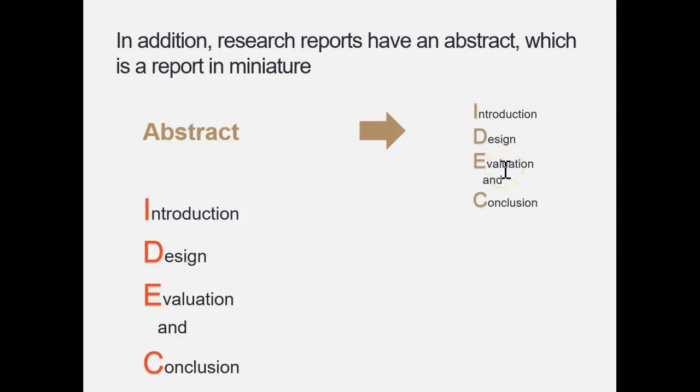Typically, there'll just be a sentence that the evaluation found that this is 15% faster than the baseline or 20% more accurate. There may or may not be a conclusion sentence in the abstract. But the basic point here is that you'll want to include an abstract, and this abstract should really follow the same structure as the report and include all of the important information from each of these main sections.